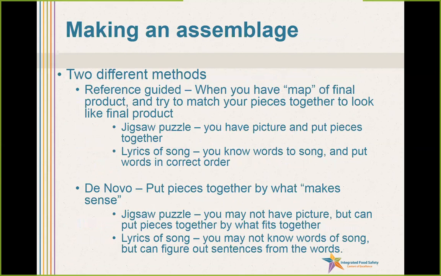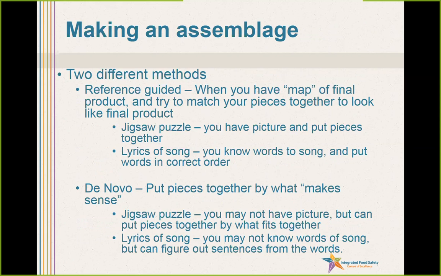There are two different methods to putting an assembly together. The first is reference guided and is a little easier to explain. So imagine you have a map or a picture of the final product and you're trying to match your pieces together to look like that final product. Let me provide you some concrete examples.